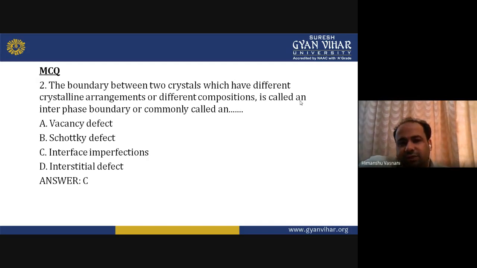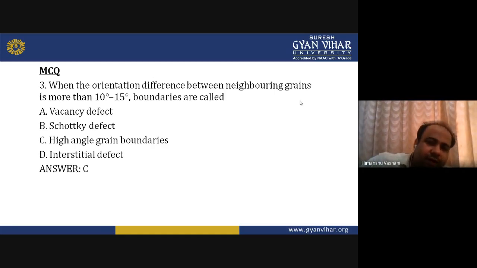Then the second question: the boundary between two crystals which have different crystalline arrangements or different composition is called an interface boundary, or commonly an interface imperfection. We have studied this in the previous slides also.